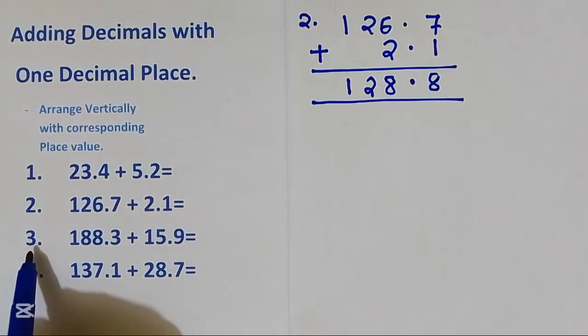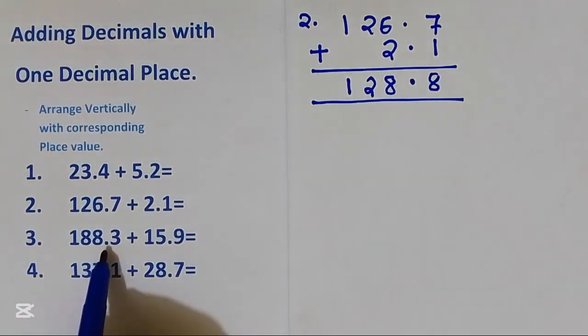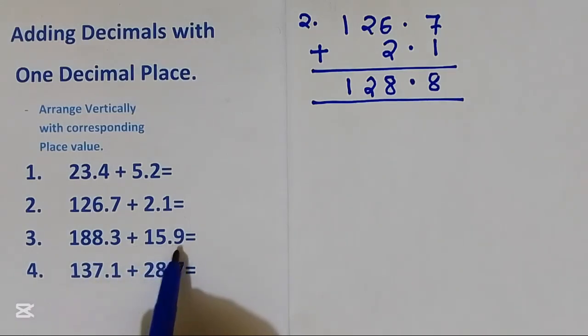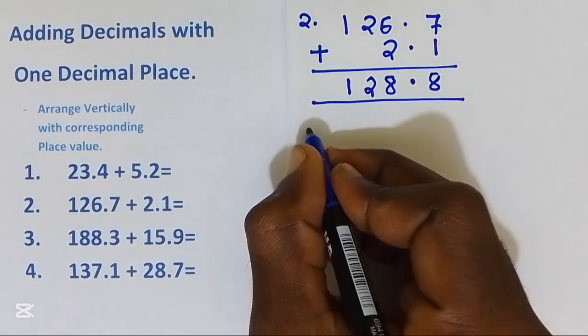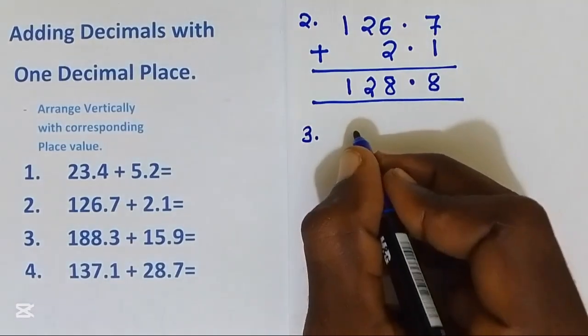Question number 3, we have 188.3 plus 15.9. Arrange it vertically.